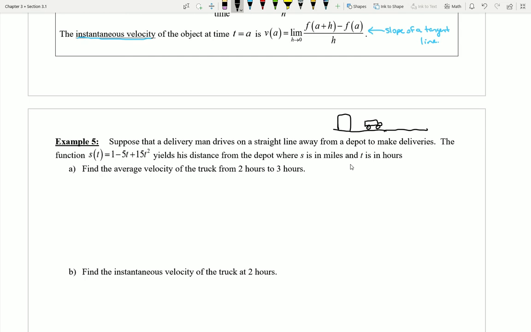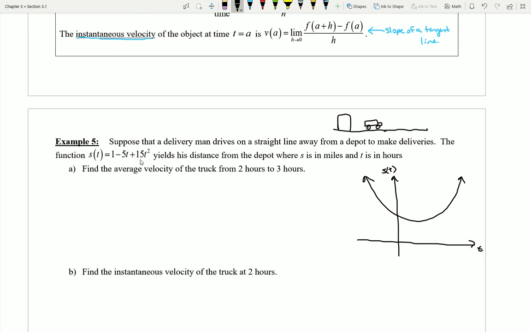What I'm going to be interested in doing is finding the average velocity of the truck from 2 hours to 3 hours. That is from the second hour that he's been driving to the third hour. In that 1 hour period, can I calculate his average speed if all I know is where he's located? Actually, this is a surprisingly easy thing to do. If I take a look at a rough picture of what this position function looks like, I know this is a quadratic function.